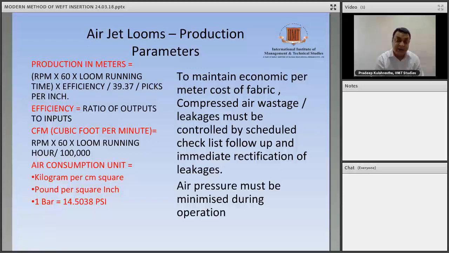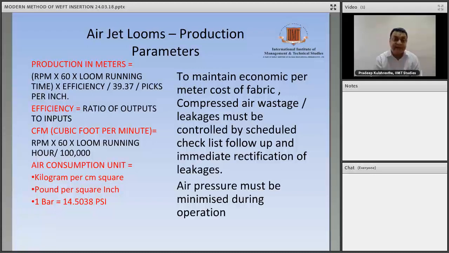Picks per inch: how many weft threads in the fabric per inch. So when fabric comes forward, these threads are converted into meterage by this formula. Everybody knows efficiency is the ratio of output to input. Suppose we want 100 kg and we are achieving only 80 kg. So efficiency is 80%.